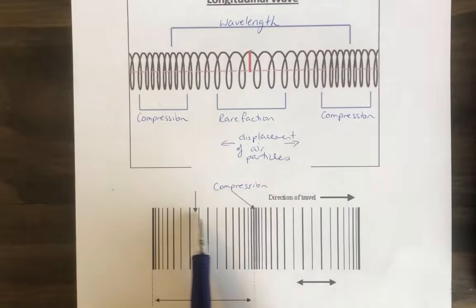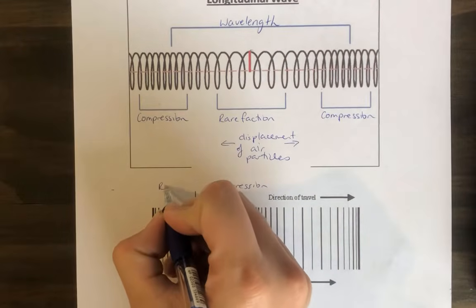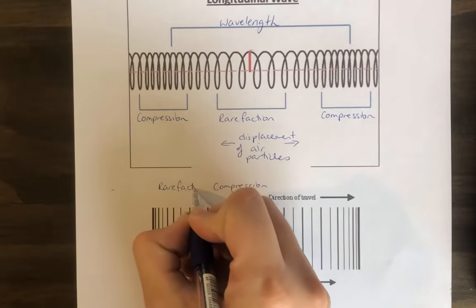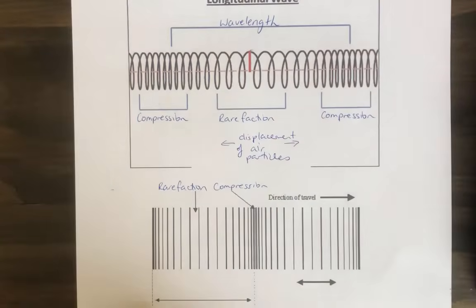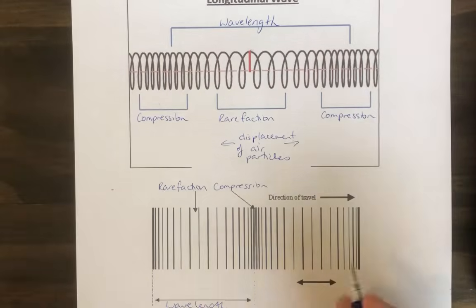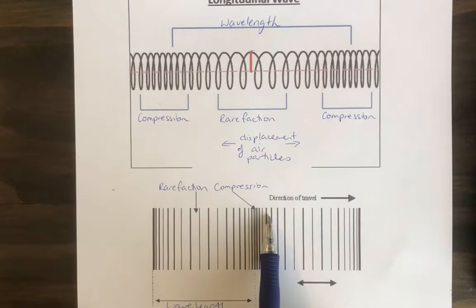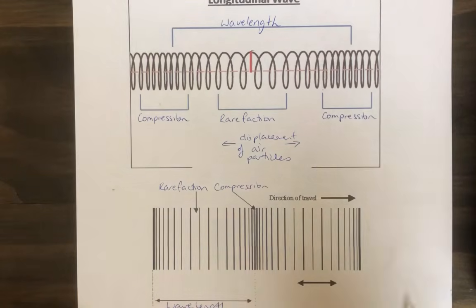Here where the lines are really spaced apart, we call that rarefaction, the same as in the above diagram. And again, the wavelength is from one compression to the next compression. And this arrow here is showing us the displacement or the movement of the particles in relation to the direction of the travel.